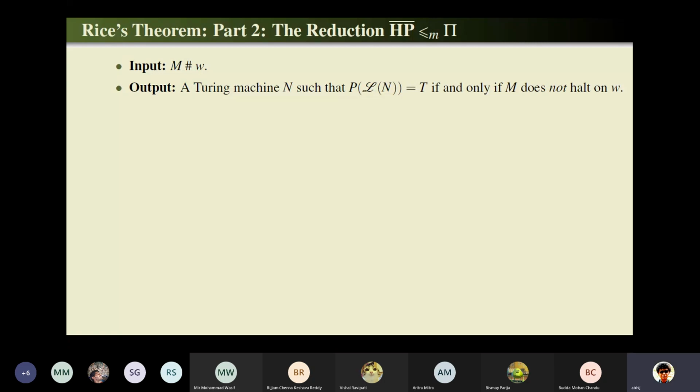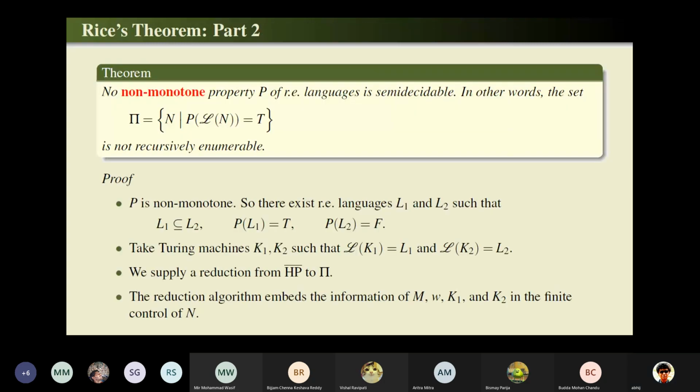L1 satisfies this property, whereas if M does halt on W, the language of N will not satisfy this property; in particular, it will be L2. So I will use this information about M, W, K1 and K2 to build N in such a way that if M does not halt on W, the language of N will be L1, and if M halts on W, the language will be L2.